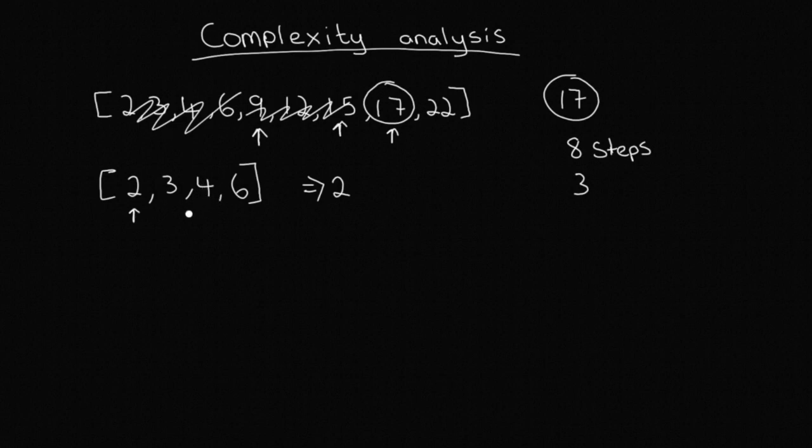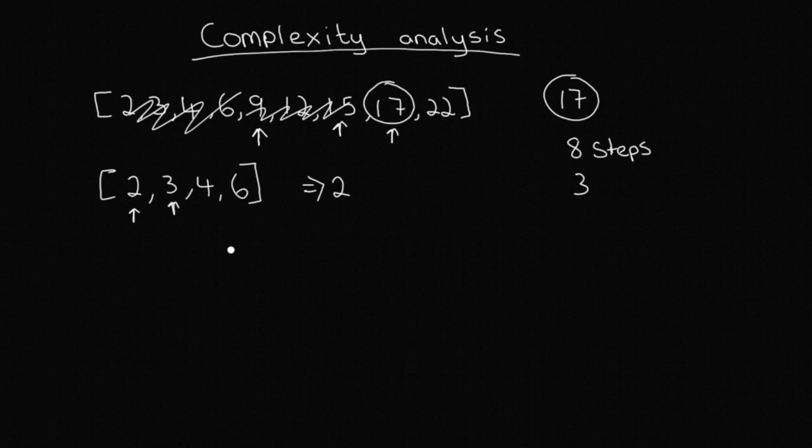While if we were to go the other direction and we were to get the middle value, which in this case there's no middle value, so we'd have to pick either 3 or 4. So let's assume that we pick 3. We would pick 3, and then we would be left with 2 elements, which would be 2 and 3, and then we would find 2. So this would be a longer way of doing it. It depends where the number is located in the array.